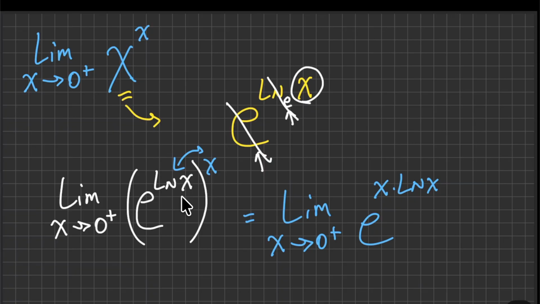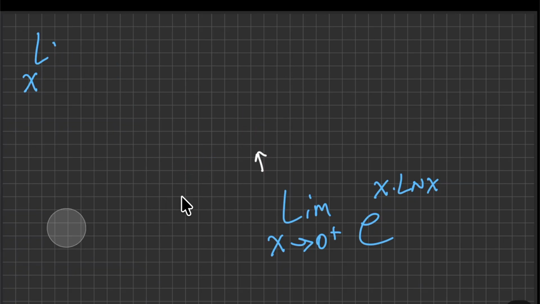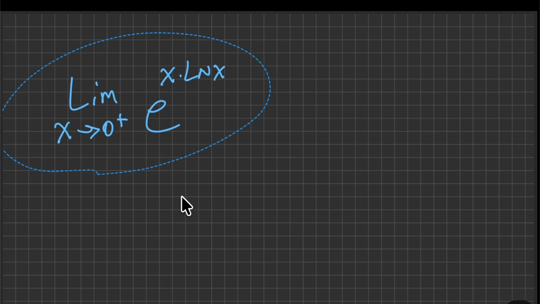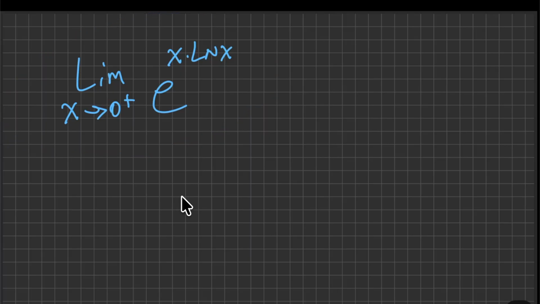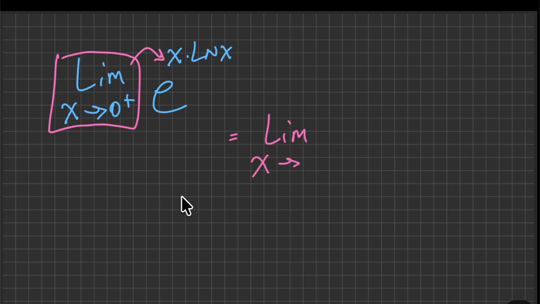Okay, so folks, let's do some erasing here, and what we're going to do now is we're going to bring the limit into the function, and we can only do that if the limit exists. In other words, we're going to take this limit and we're going to bring it in. So now we're going to look at the limit as x approaches 0 from the right of x times ln of x.